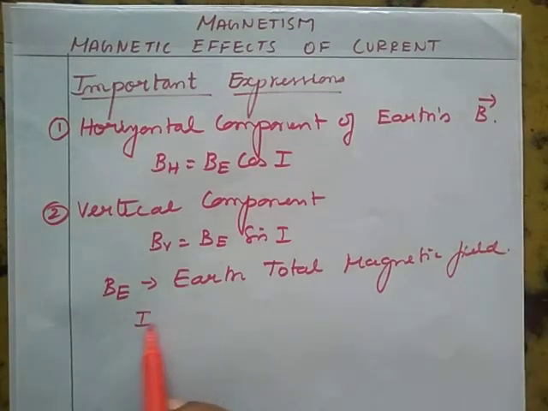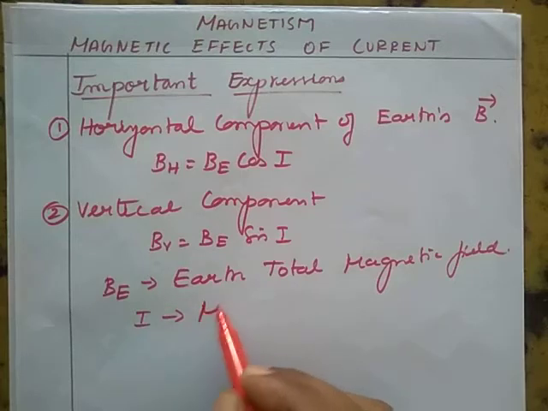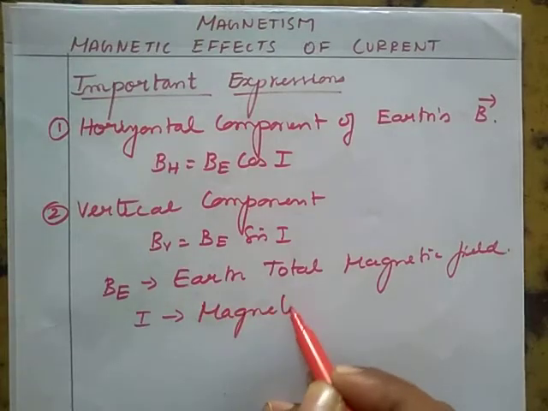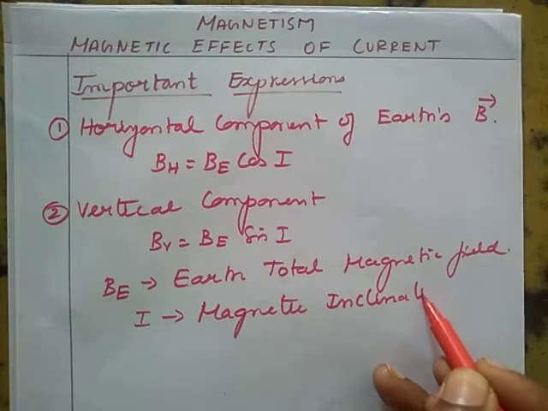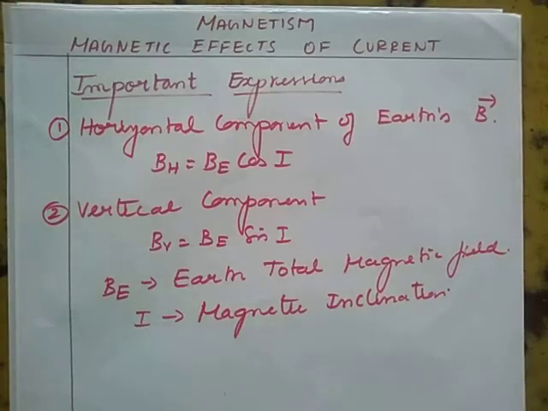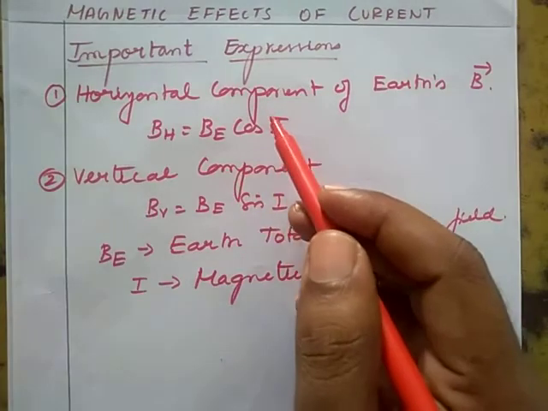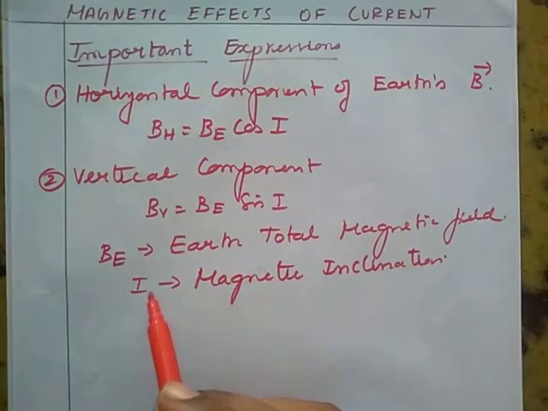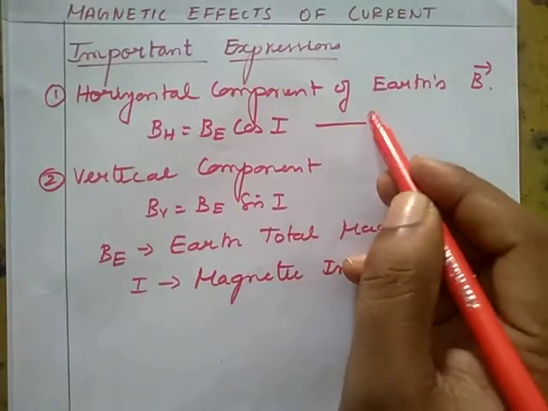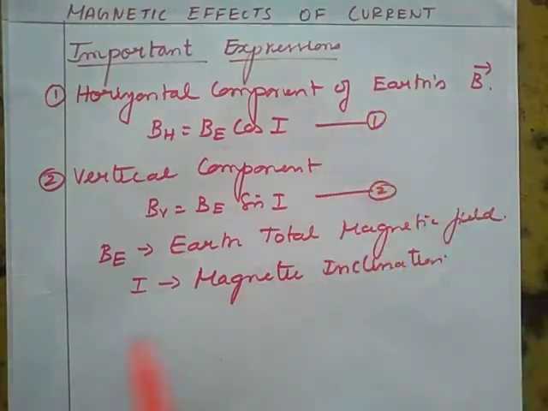And I is the angle of inclination, that is magnetic inclination. Then using these two relations we can easily find the magnetic inclination value. Here I consider this one as equation 1, this one as equation 2, equation 2 by equation 1.